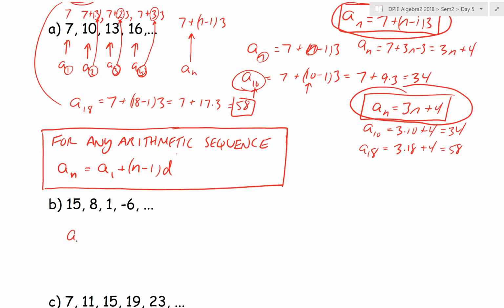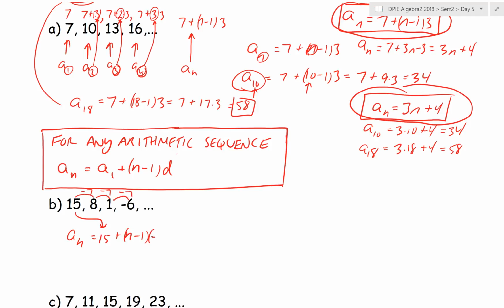Applying this formula, we'd have a sub n is equal to the first term, that's 15, plus n minus 1 times our common difference. So to get from 15 to 8, we go down 7. To get from 8 to 1, we go down 7. To get from 1 to negative 6, we go down 7.